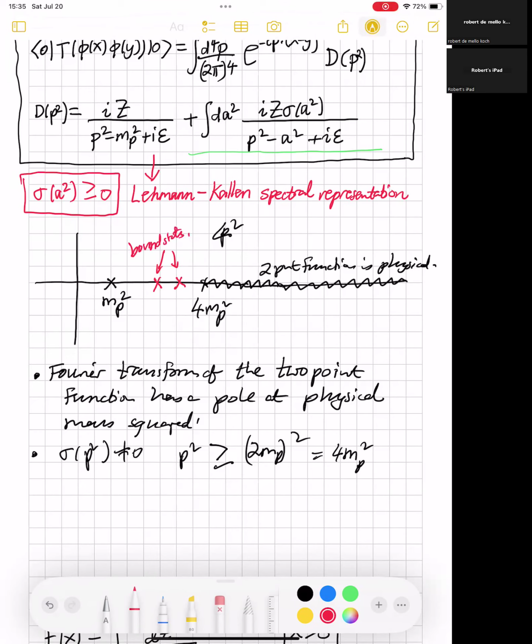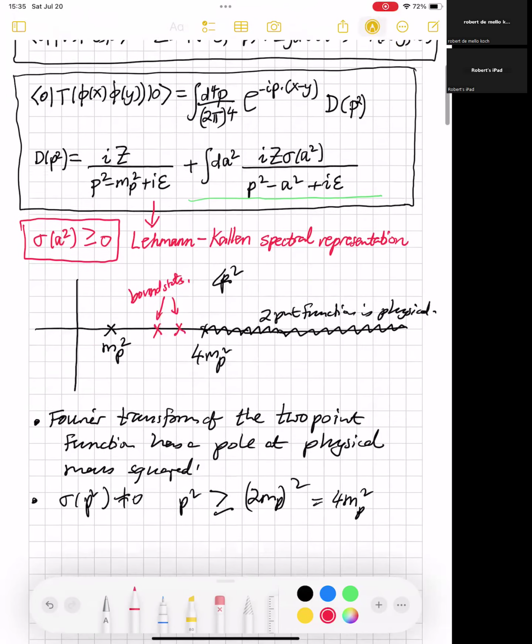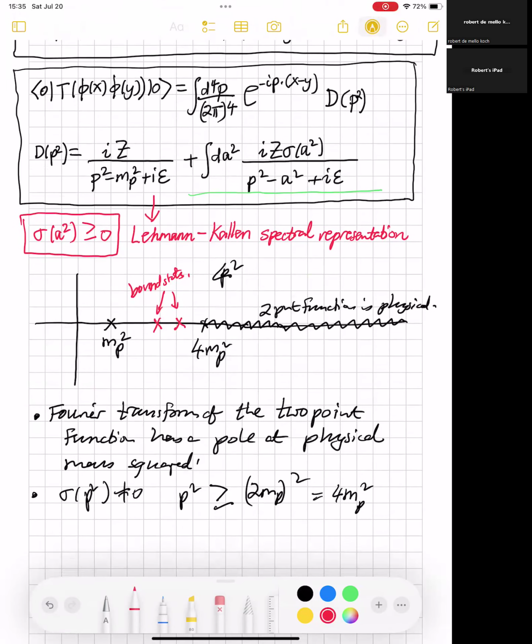And these would genuinely be extra poles now at the mass squared of the bound state. And this statement about the analytic structure of the two-point function is an exact statement. All that you use to prove it is Lorentz and Poincaré invariance.